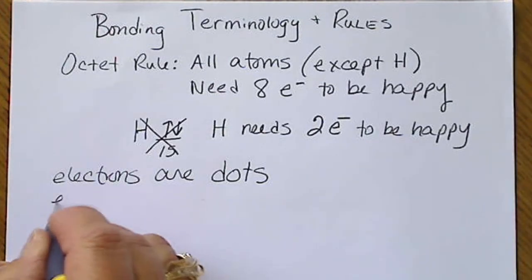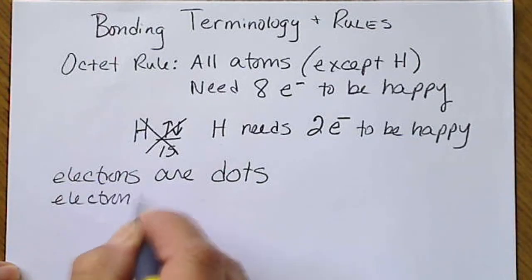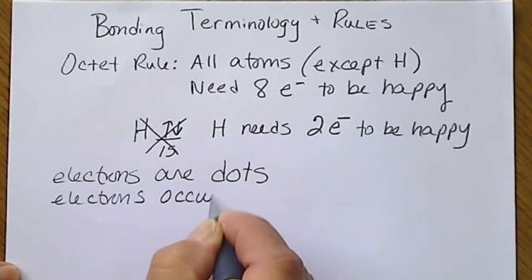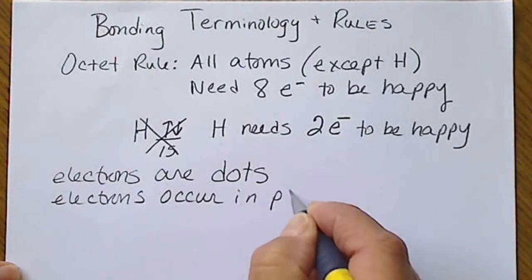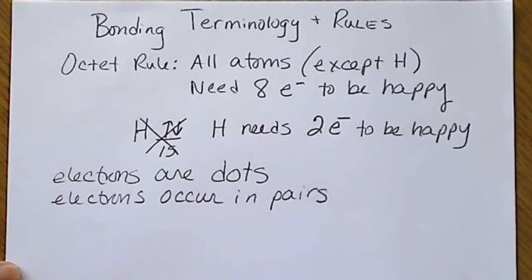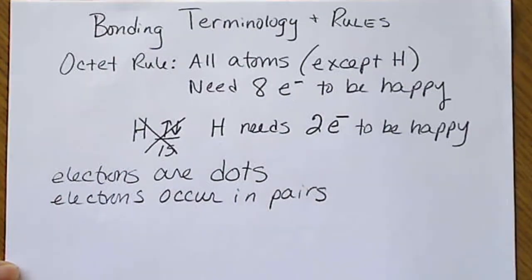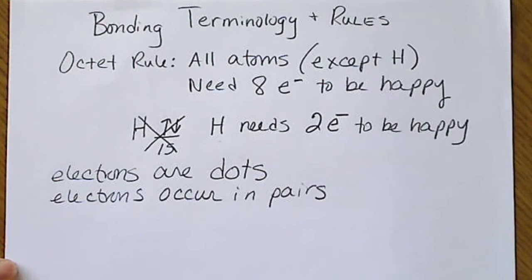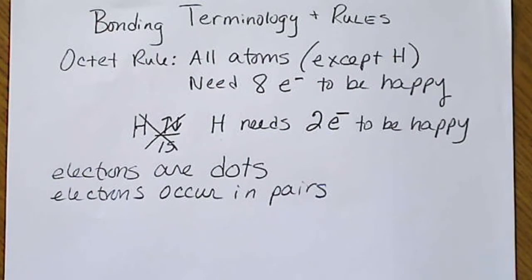And we're going to see that electrons occur in pairs. So if we ever have a dot all by itself, then that means something's wrong. And the atoms are going to share electrons so that everything has 8.